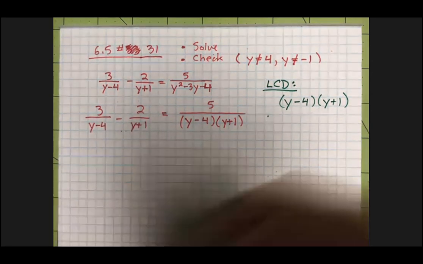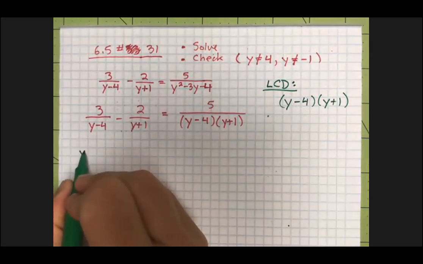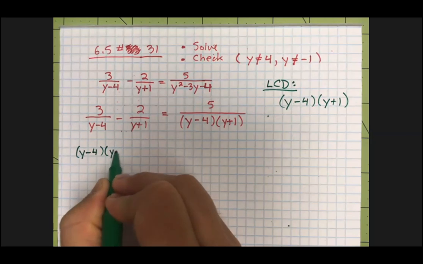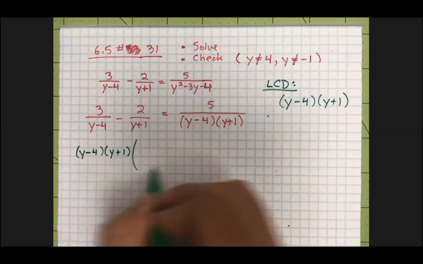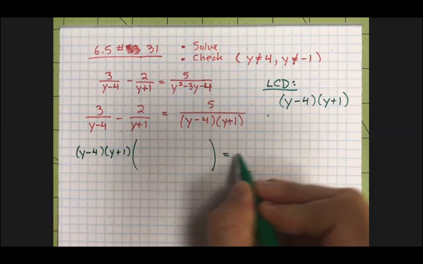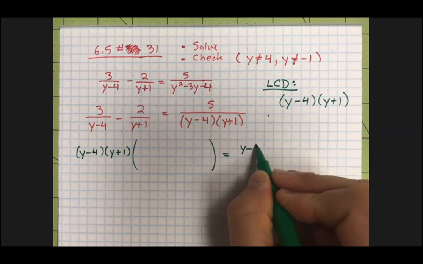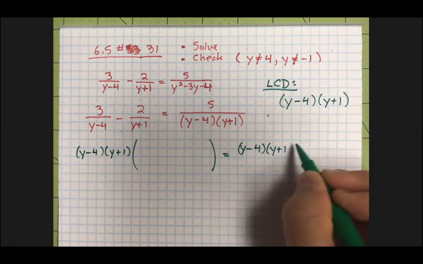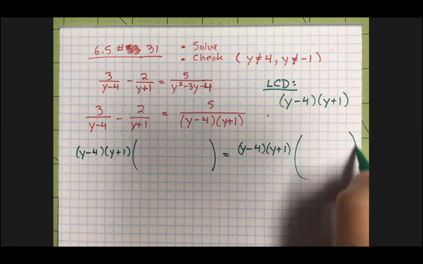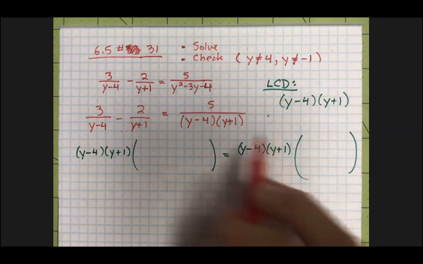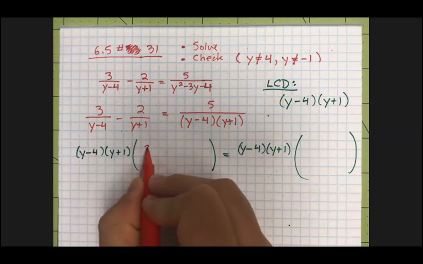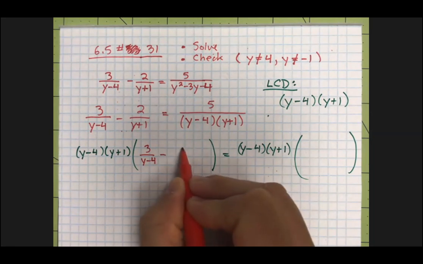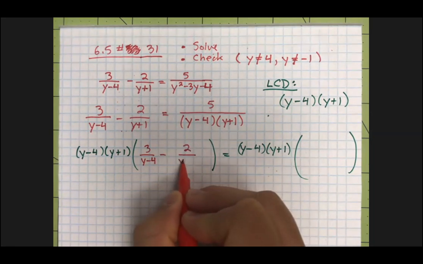Today, we're using the least common denominator in a different way. We're using it to kill fractions. We're going to multiply both sides by that least common denominator to get rid of all the fractions.